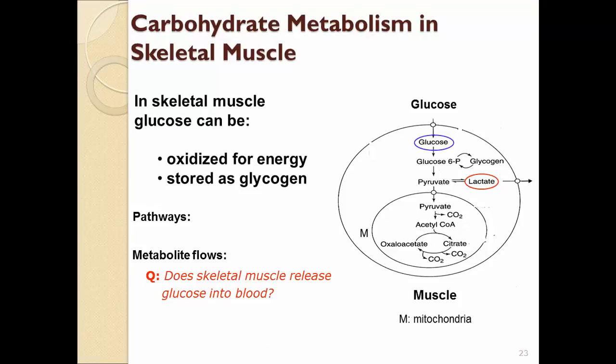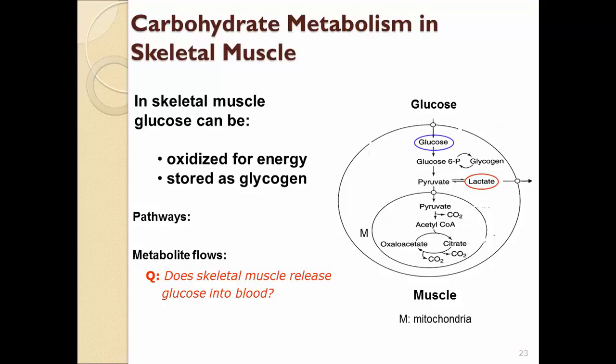Okay, so the question: does skeletal muscle release glucose into circulation? Remember, we mentioned this earlier. During the fasting condition, liver and kidney are the two tissues that can do gluconeogenesis and release glucose into circulation.